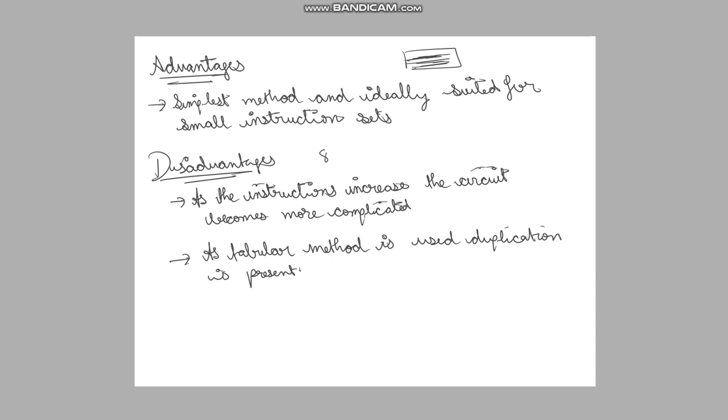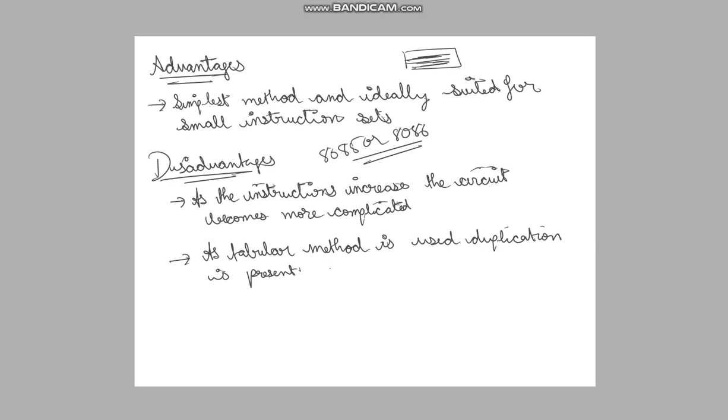Let's take the example of the 8085 or 8086. This is a CISC type architecture, and there are a lot of instructions, and no way can you use this, because your circuit is going to be really complex, and it will take decades to actually finish the processor if you use this type of method.